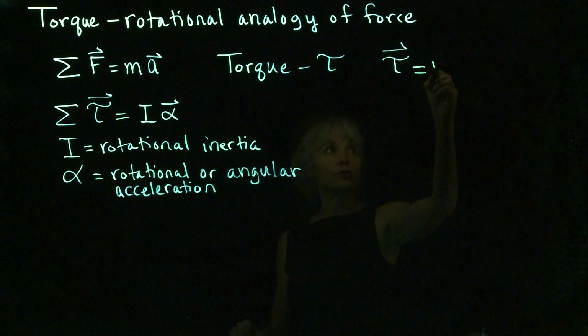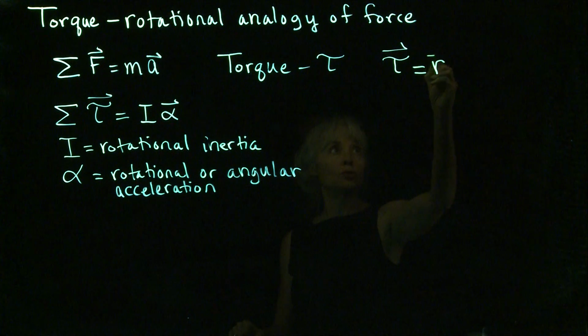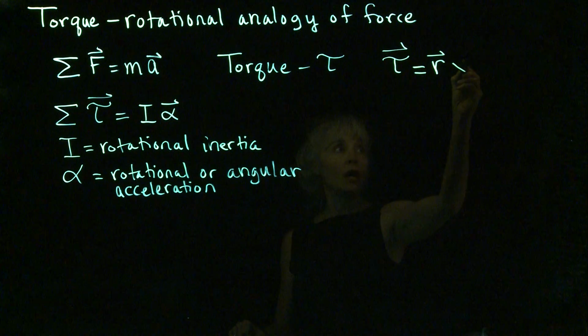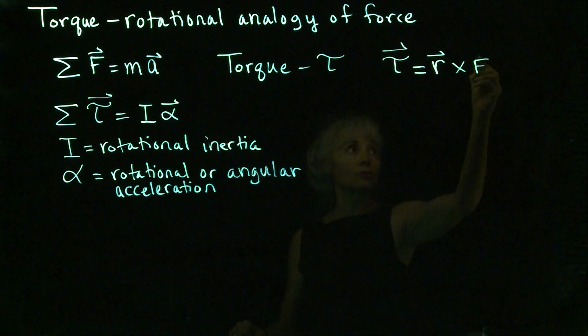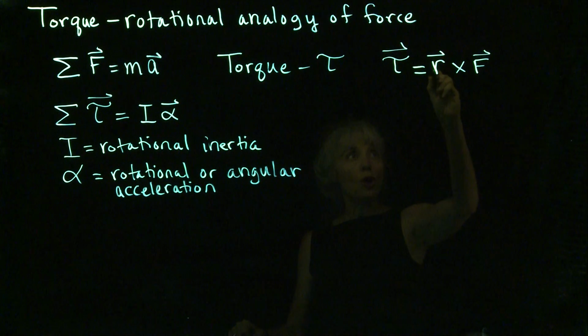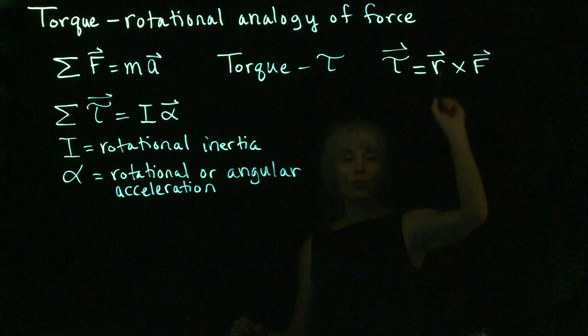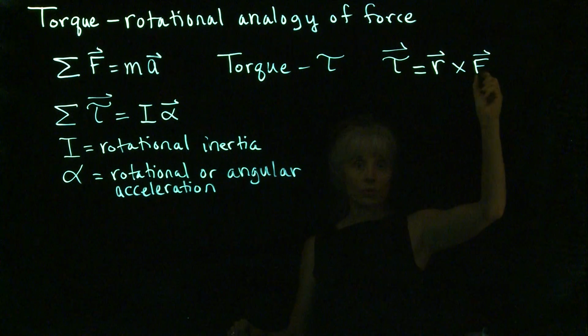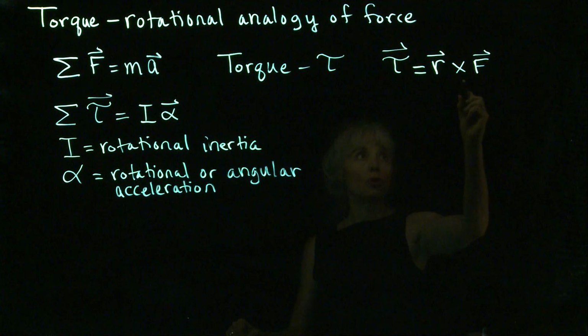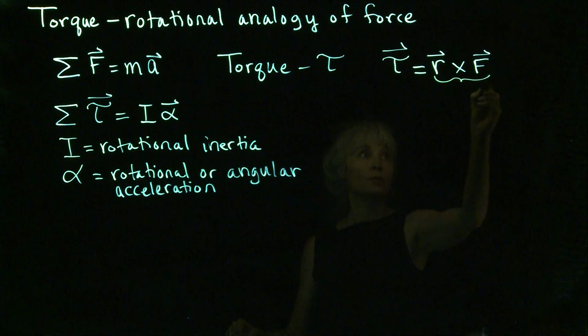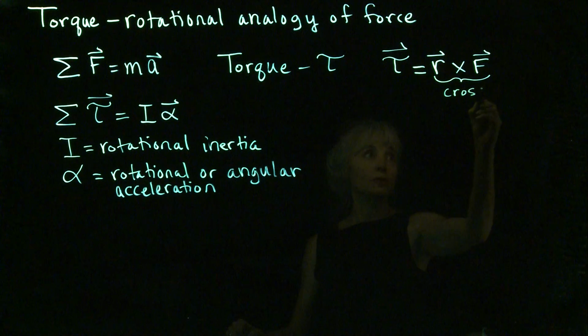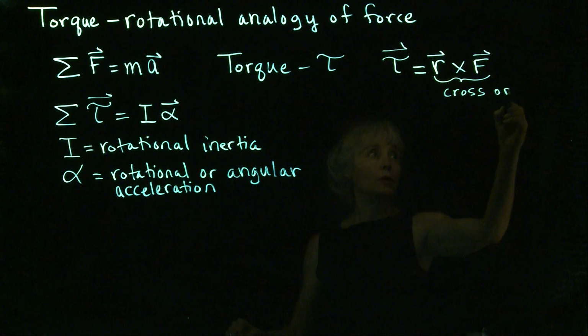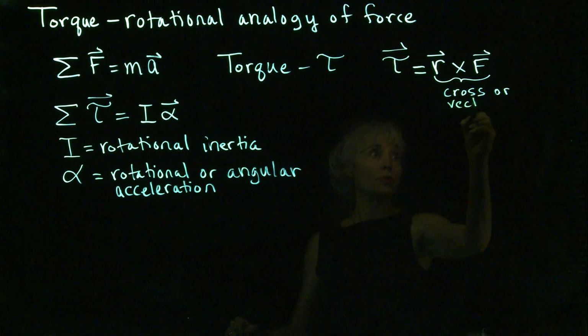The torque exerted by a force is going to be equal to r cross F, a new type of way of multiplying vectors called a cross product. r is the distance from the axis of rotation, or from your summing point, to where the force is being applied. And the force F, of course, is the force. And this X right here is called a cross or vector product.